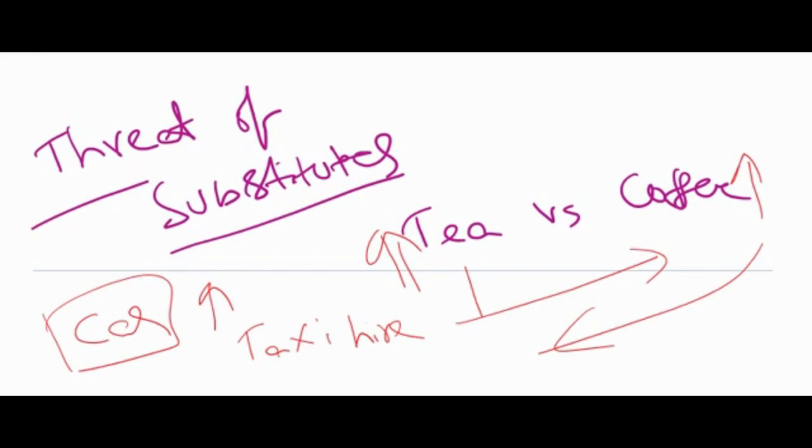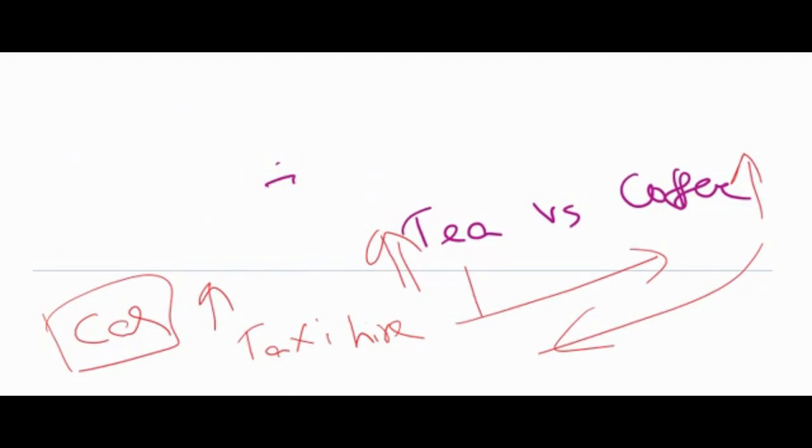Again, what you should do is make sure that the substitutes are not many, or you need to have very clear product differentiation so that the substitute effect is not much on your business or on the products or services that you are delivering to customers.